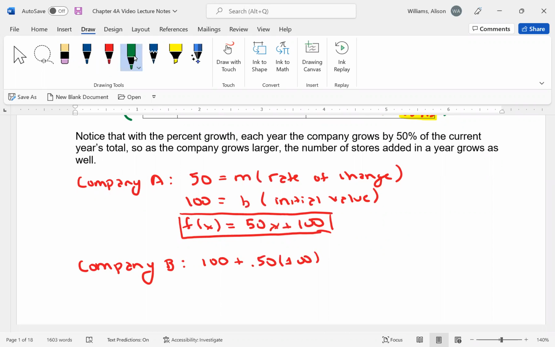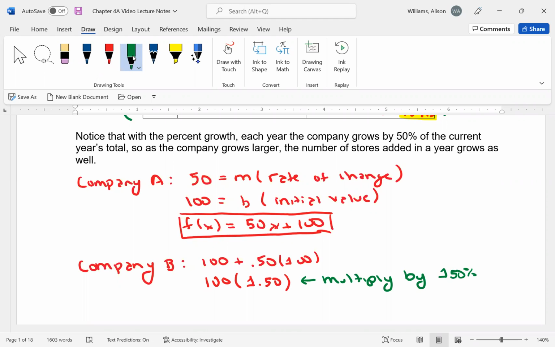It's actually smarter to think of it as taking 100 and multiplying it by 150%. So the 150% is taking into account the 50% increase. So they're going to have all of the original stores, that's the 100%, plus a 50% increase.